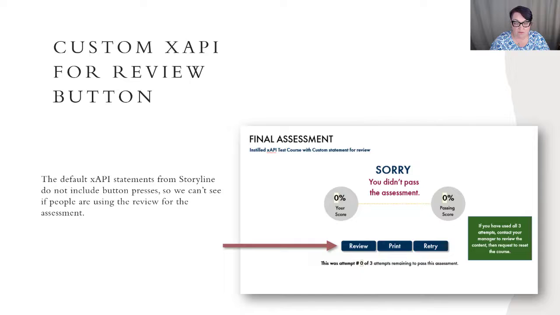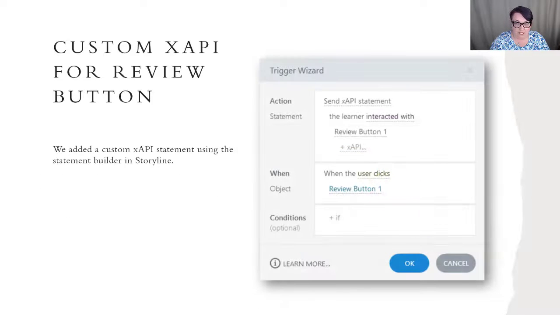This is what our review button looks like, a classic setup on the results slide in Storyline. We have our review information set up on each of our slides so that when they go back, they'll see some feedback about their answers. We created an xAPI statement using the statement builder in Storyline. We wanted to know if the learner clicked on that review button, so we wanted it to tell us that the learner interacted with review button 1.